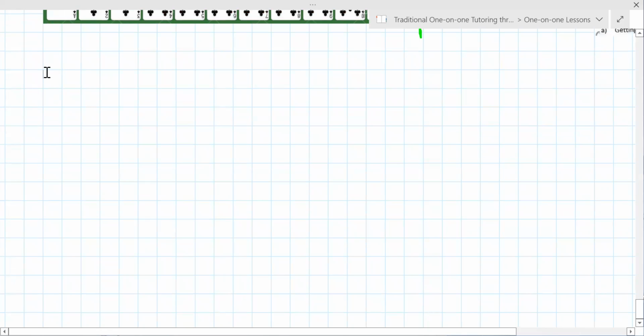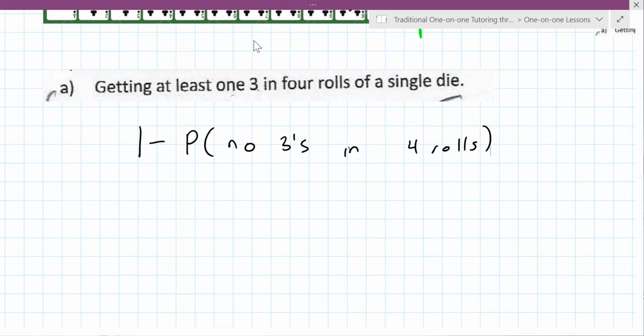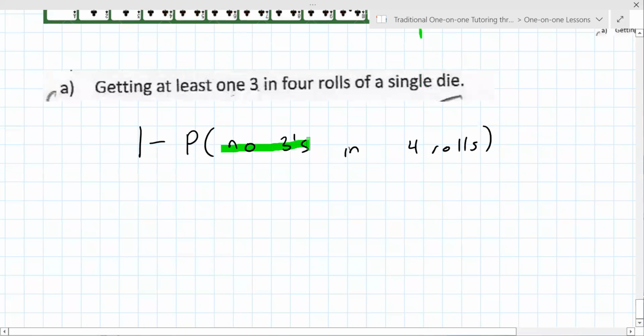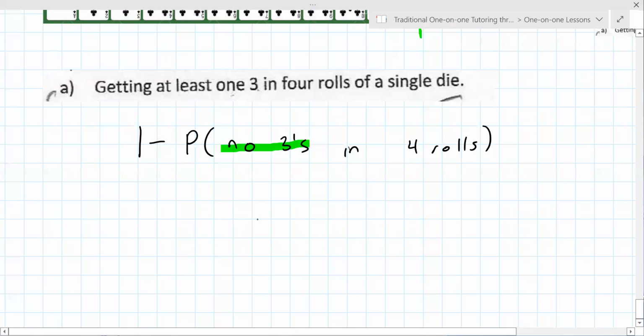Whenever it's one of these at least problems, you first ask yourself, well, it's 1 minus the probability of no 3s in 4 rolls. So we have to break this up and first figure out, what is the probability of getting no 3s in a single roll? If you roll a normal 6-sided die, there are 5 numbers that are not 3.